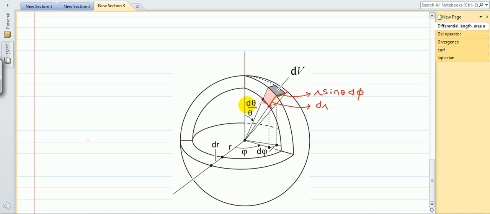This is d theta, but here r is constant, so r d theta, and this is r sine theta d phi.